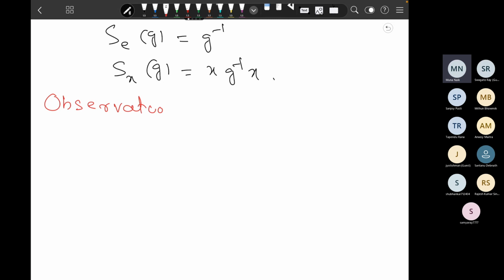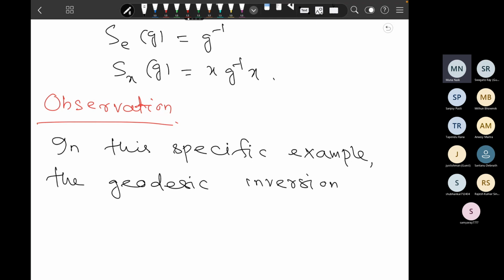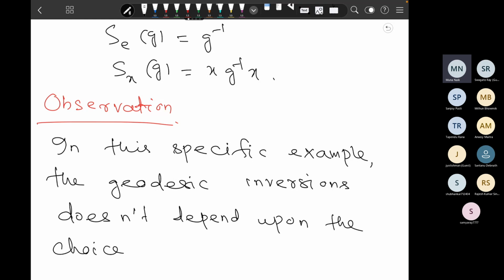This is also clear from this example. So in this specific example, the geodesic inversion doesn't depend upon the choice of bi-invariant Riemannian metric.